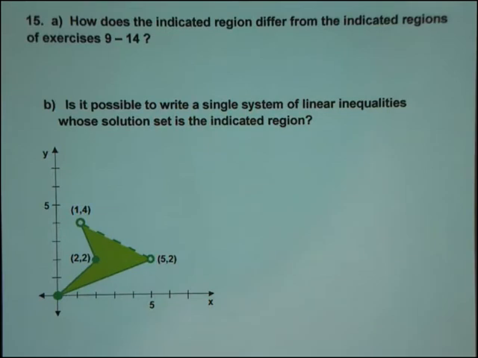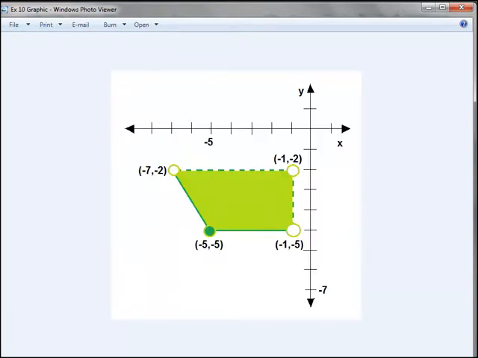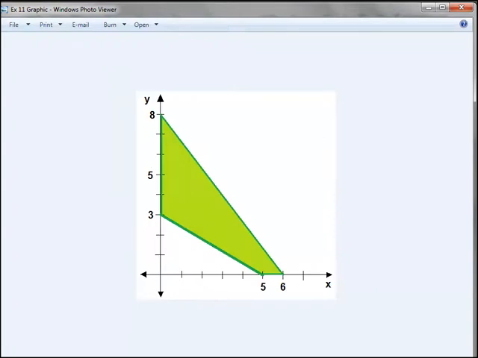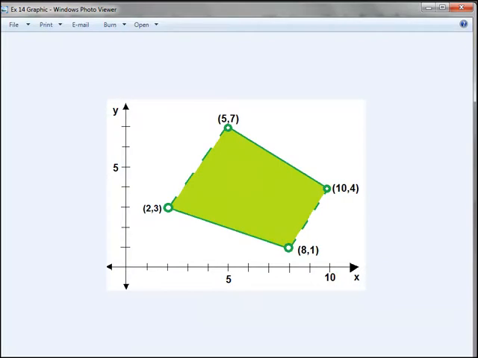Exercise 15, Part A. How does the indicated region differ from the indicated regions of exercises 9 through 14? So we have this indicated region here. And just for a quick review, let's take a look at 9 through 14 one more time, real briefly. Here was the region from exercise 9, there's the region from exercise 10, 11, 12, 13, 14.